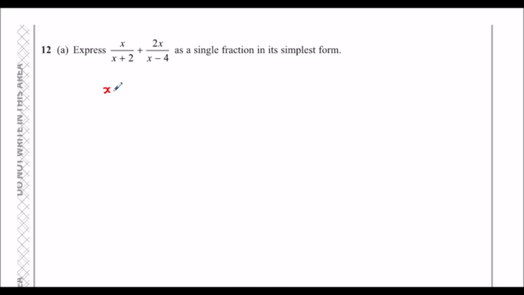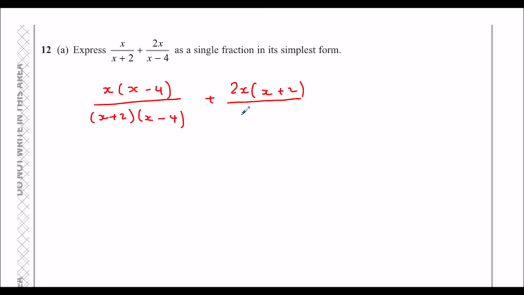That gives us x times x minus 4 over x plus 2 times x minus 4, plus 2x times x plus 2 over x plus 2 times x minus 4.